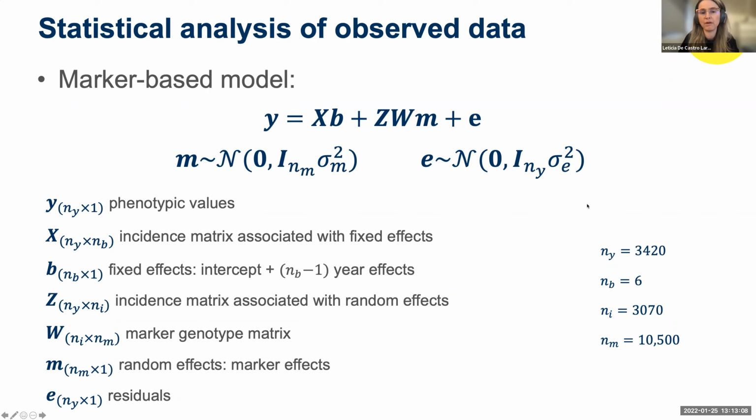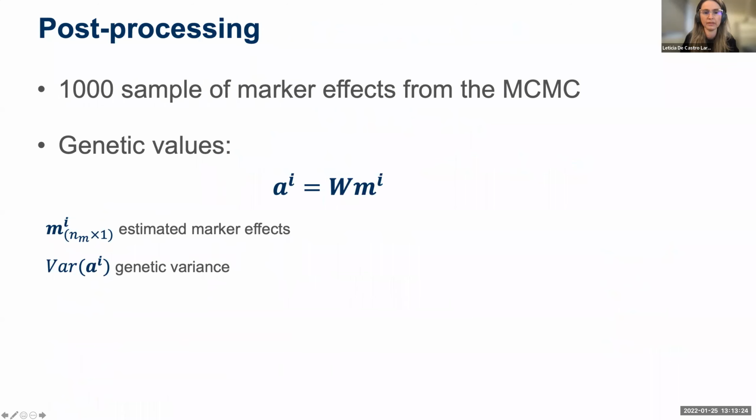We fitted the model using the Alpha-based software, but you can also use other software like BGLR or BayesR to fit this model. We saved 1,000 MCMC samples of marker effects, and for each sample, we calculated the breeding values, from which we then calculated the genetic variance for different breeding groups and different times.